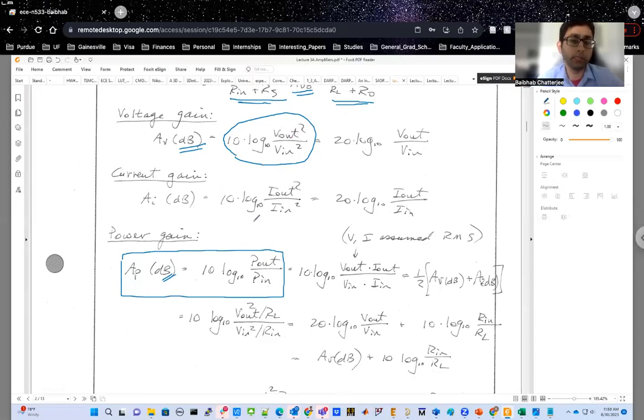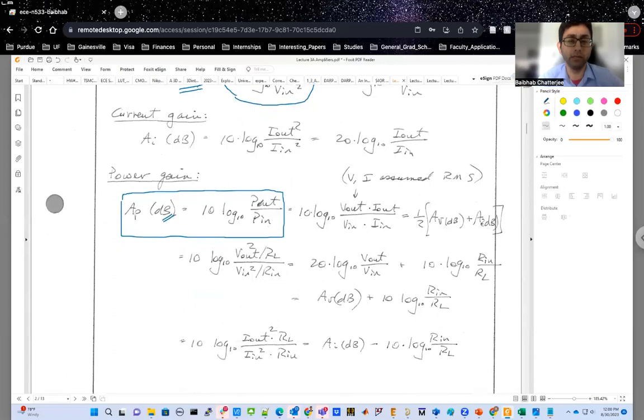You can also represent the current gain of a circuit using decibels, and that becomes 10 log 10 of I out squared over I in squared, just like you had V out squared over V in squared here. And that is again something you can write from the equation of power, because remember, power is again voltage multiplied with current, and voltage, due to Ohm's law, you can write as current multiplied with resistance.